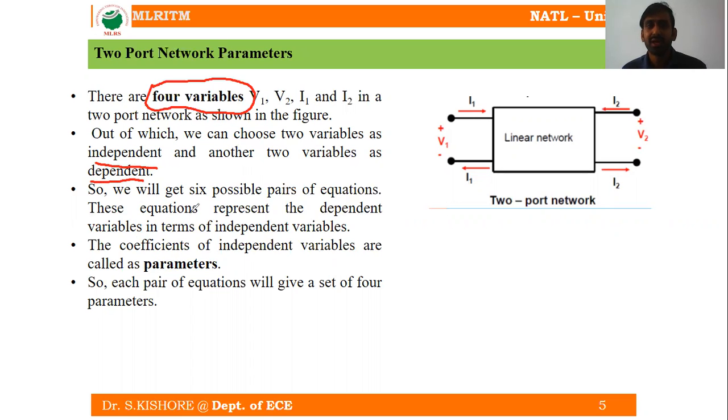Taking two variables at a time from four variables, we may get around six possible combinations. Through those six possible combinations, we may get around six possible pairs of equations.